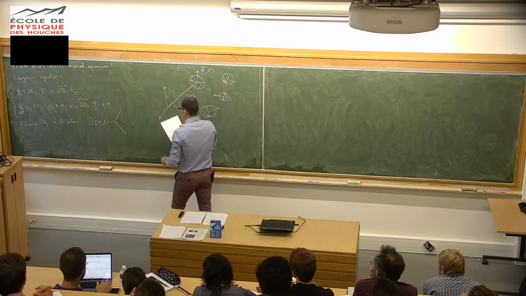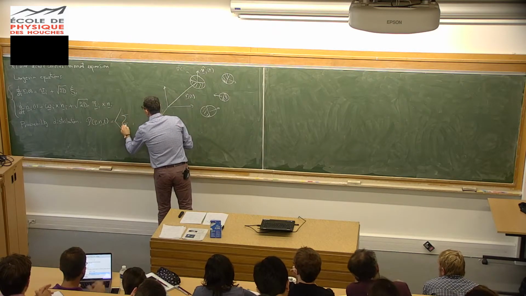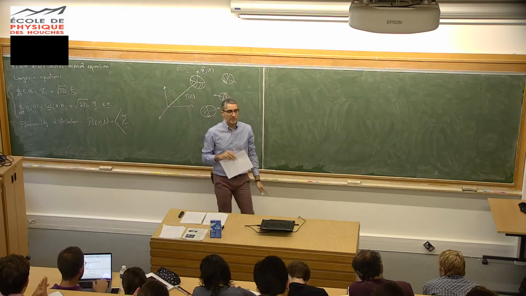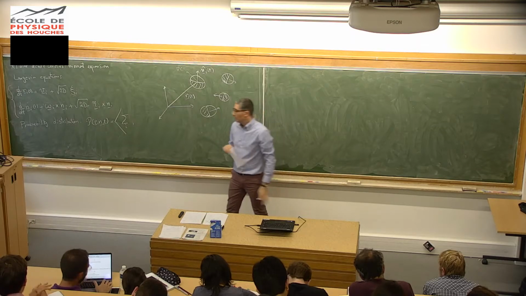I want to look at the probability of finding a particle at position r with orientation n at time t.